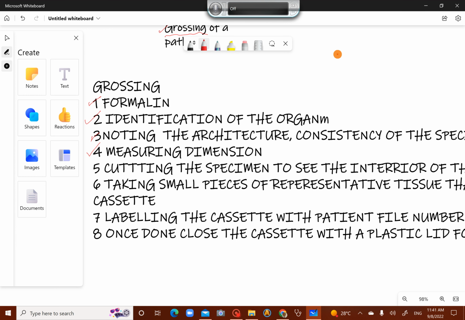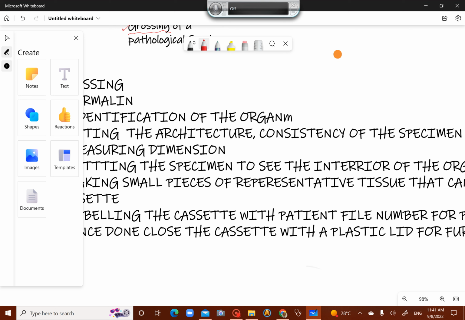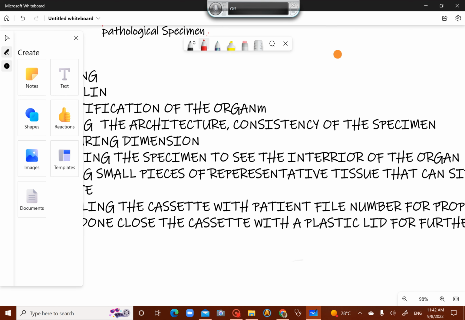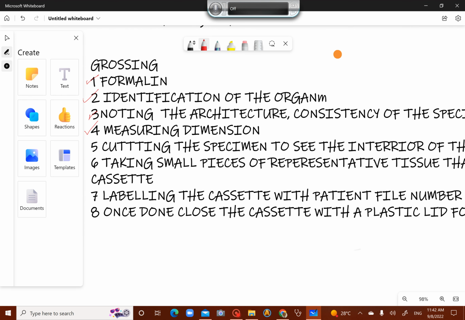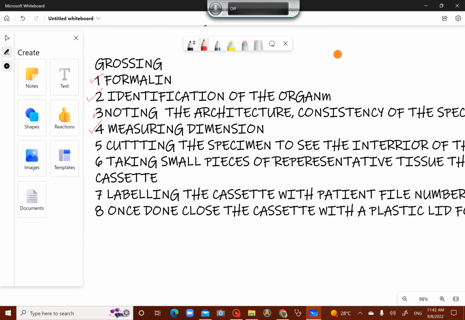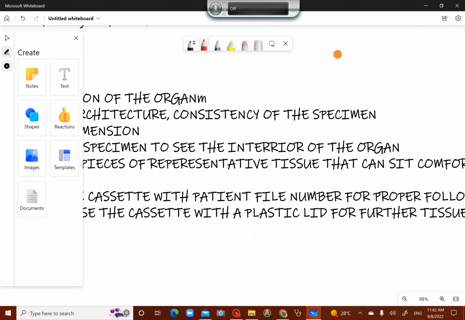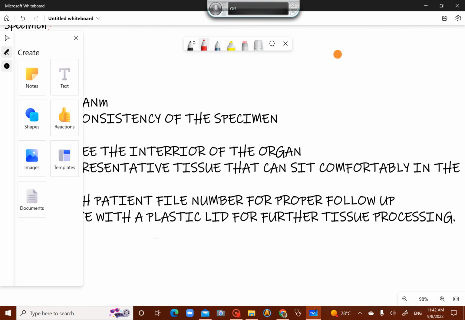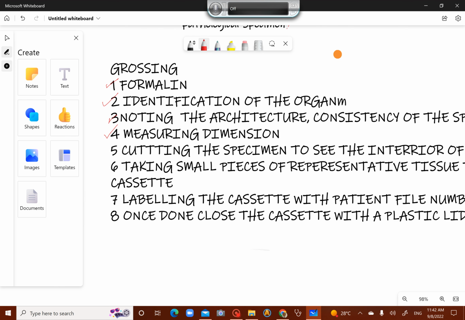Next, number five, cutting the specimen to see the interior of the organ. Number six, taking small pieces of representative tissues that can sit comfortably in the cassette.